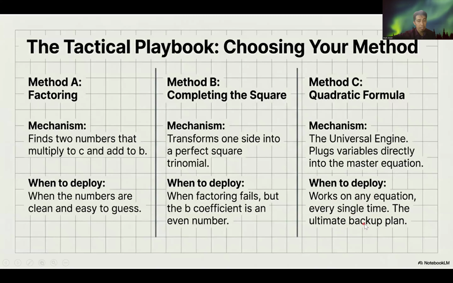It is the ultimate backup plan. So these are the three methods we can use to get the roots of the quadratic equation: factoring, completing the square, and the quadratic formula.